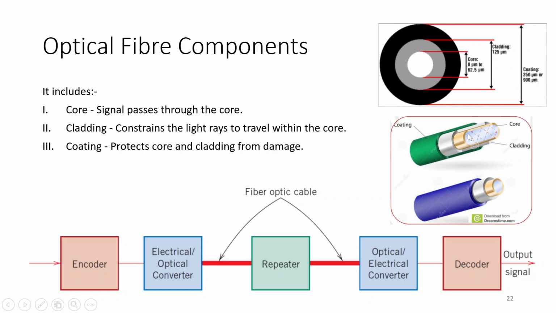Because of the differences in refractive indexes, the light is trapped inside the core and travels through total internal reflection.